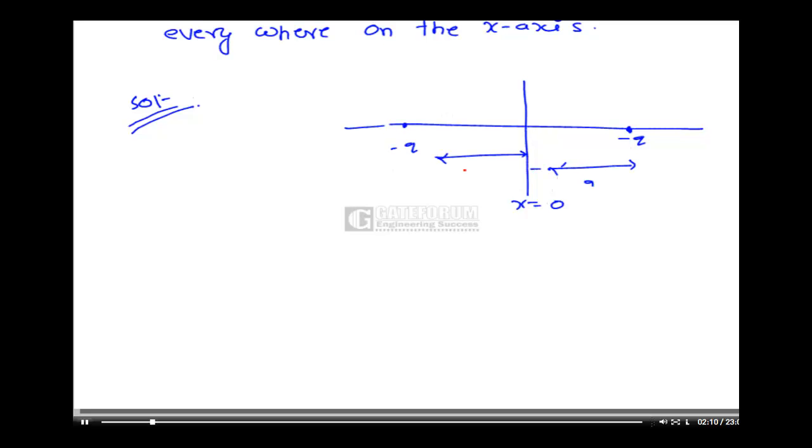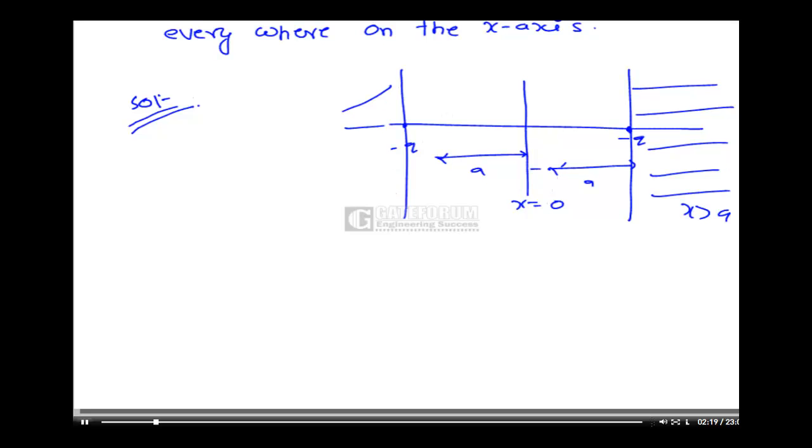This is again A. So this region is x greater than A, this region is x less than minus A, and this region is minus A less than x less than A. If you calculate the electric field intensity on these three regions, that is enough, because they are asking to calculate the electric field intensity everywhere on the x-axis.